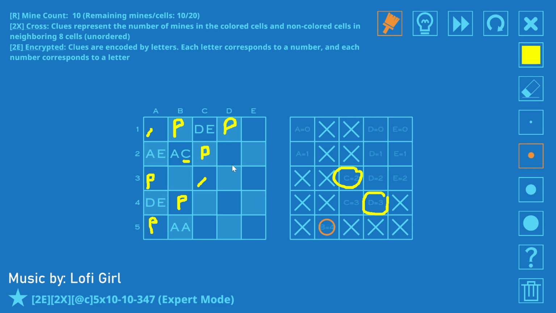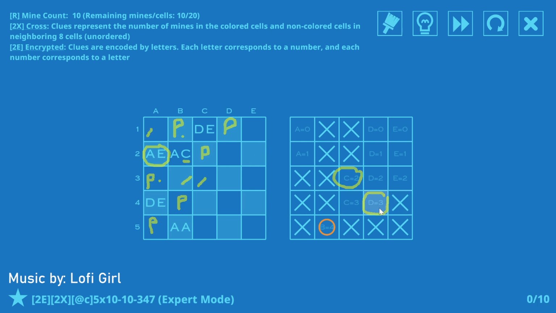Therefore, because C is 2 and C already sees 2 light mines, this can't be a mine either. That now fails this clue because we know A and E are different values, but they're an equal number of lights and darks. So that fails, which I think generally just means that D can't be 3. So which means that the only letter that can be 3 is C. Okay, that was pretty tough.